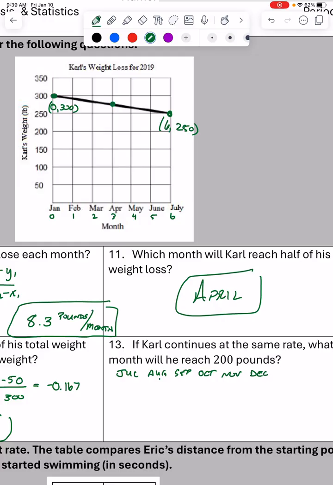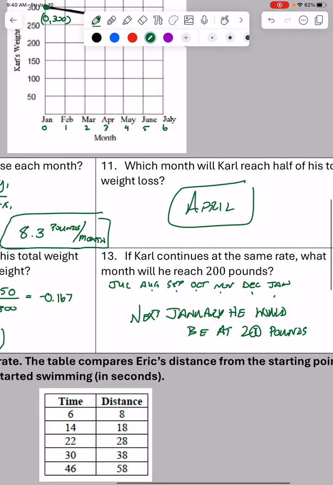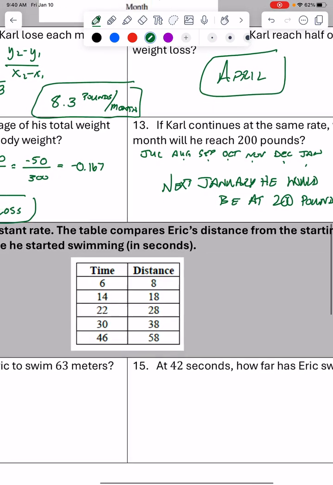So 1, 2, 3, 4, 5, 6. So he'd be back to next January. Next January, he'd be at 200 pounds. Oh man, that handwriting is terrible. I'm sorry about that. Okay.